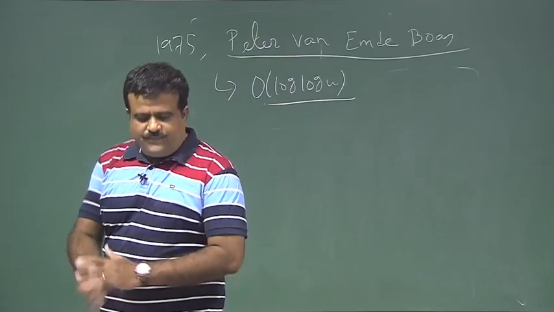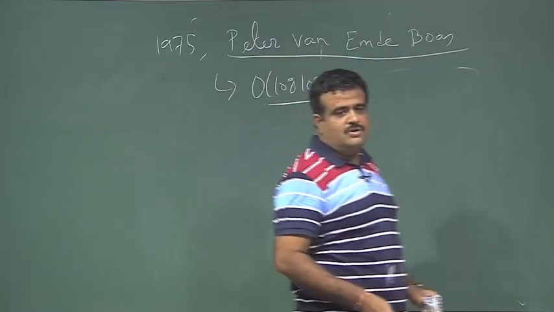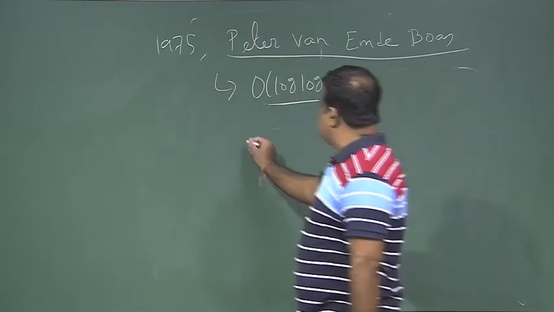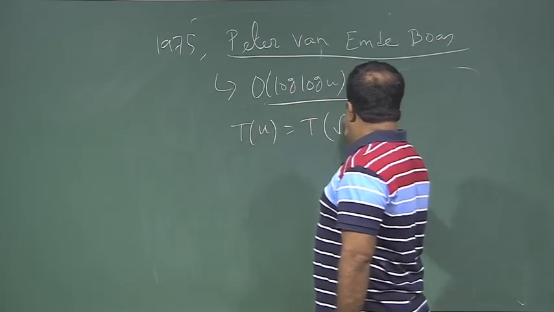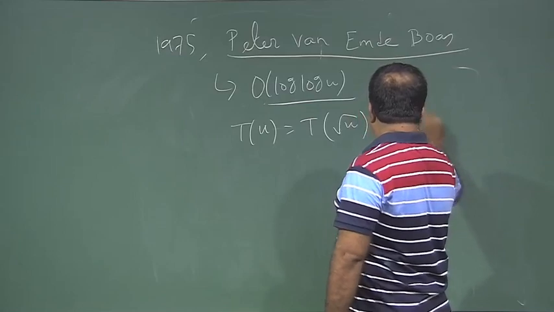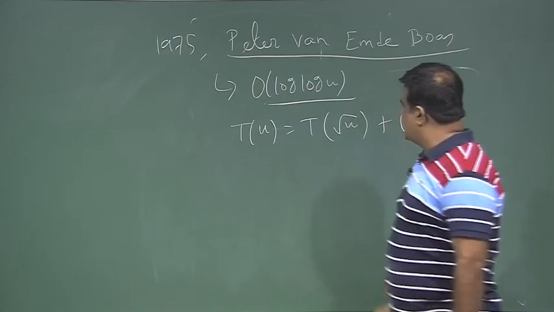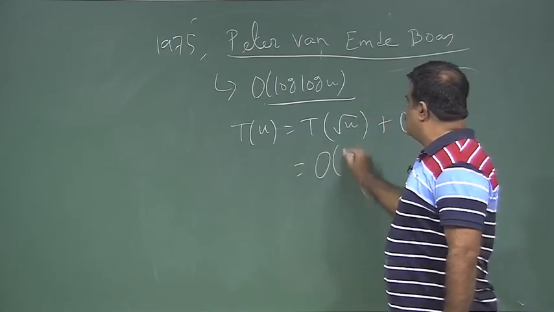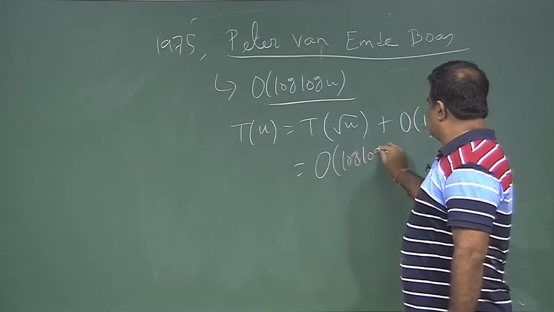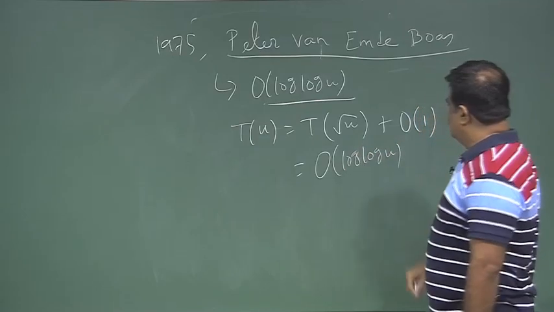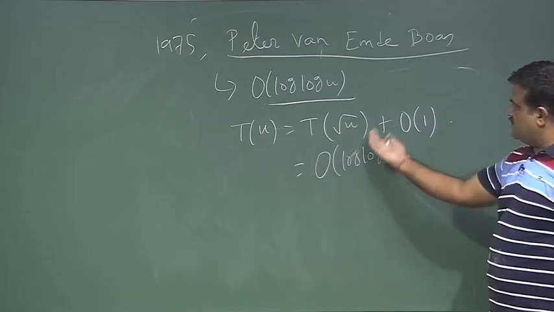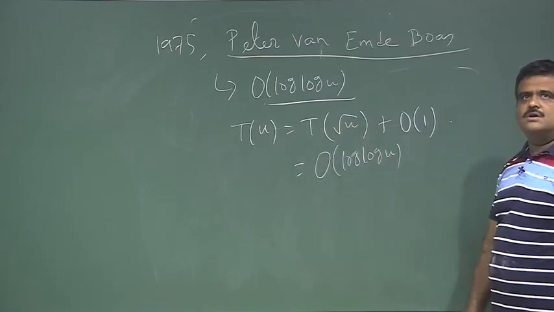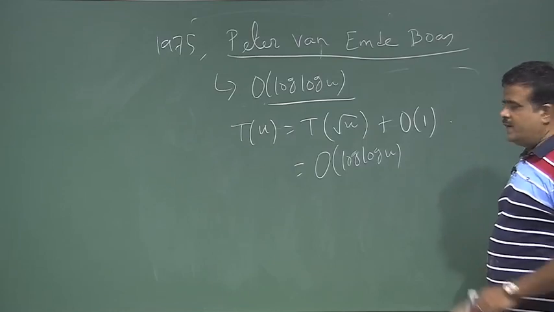So, how can we build the data structure? We have seen that to get this we need to have this type of recurrence T of u is equal to, so this recurrence has the solution order of log u. Just we put u is equal to log u, then by master method we get these solutions. Okay.